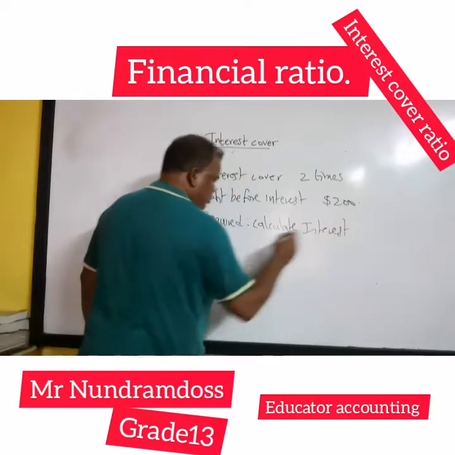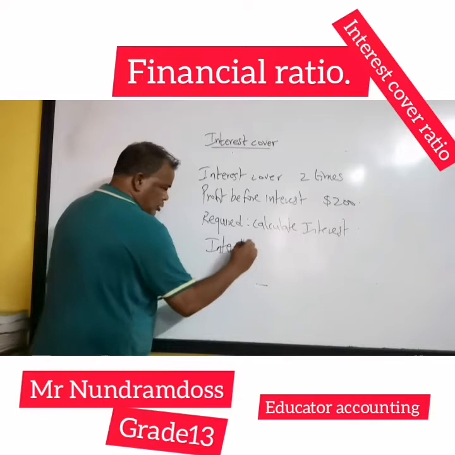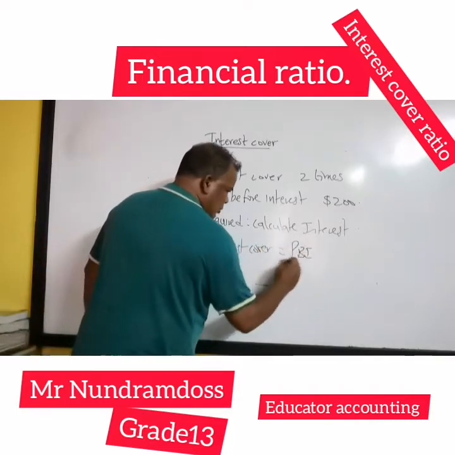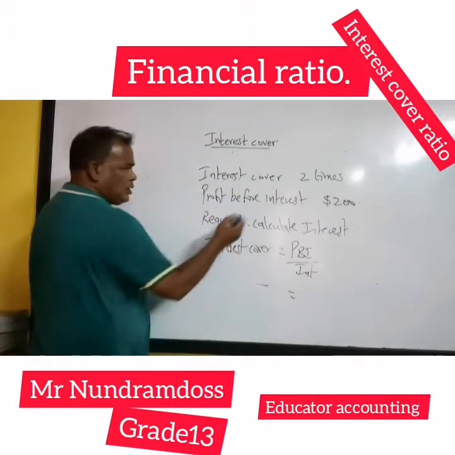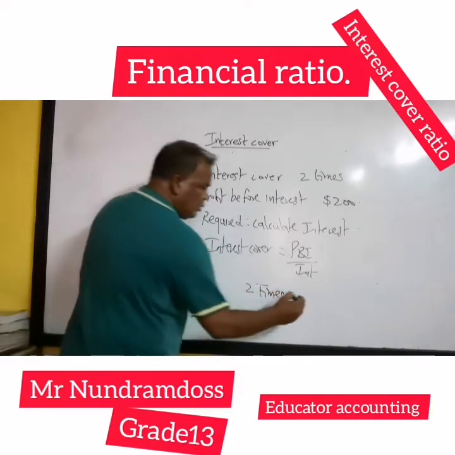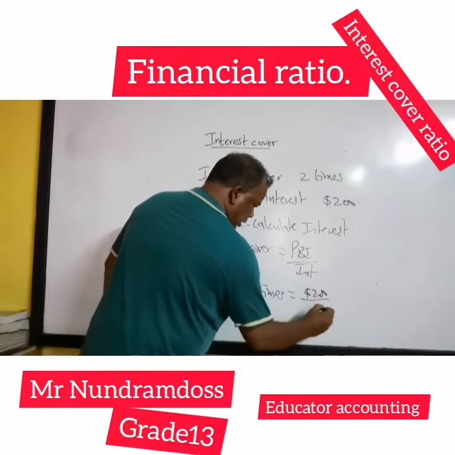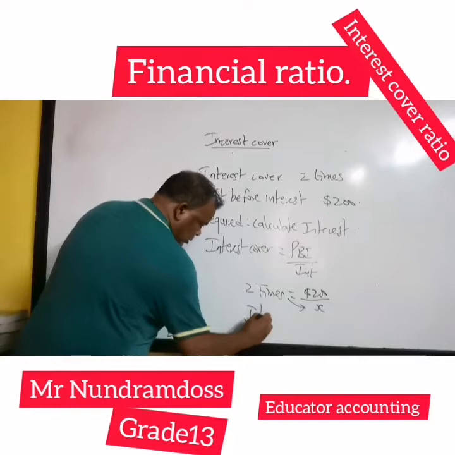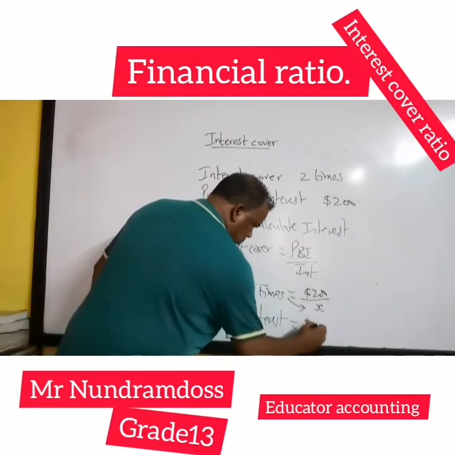So we have to replace in the formula. Interest cover is equal to profit before interest over interest. What is interest cover? 2 times. What is the profit before interest? $200. So for interest we cross multiply. Interest is equal to $100.